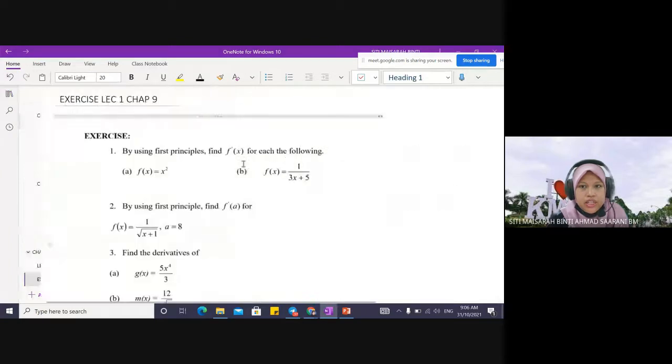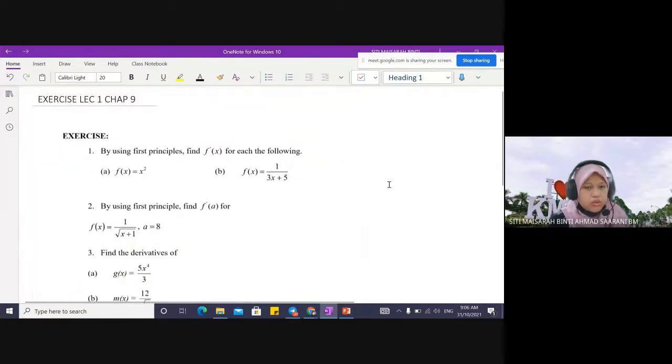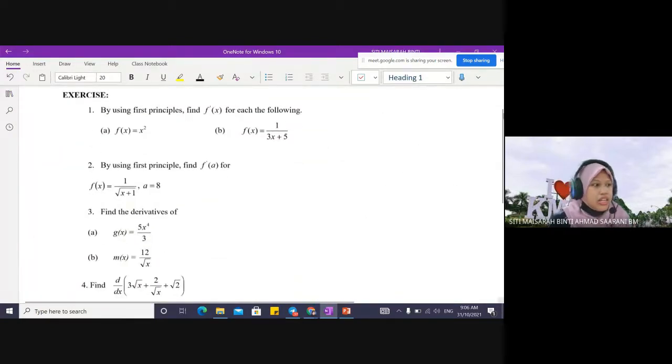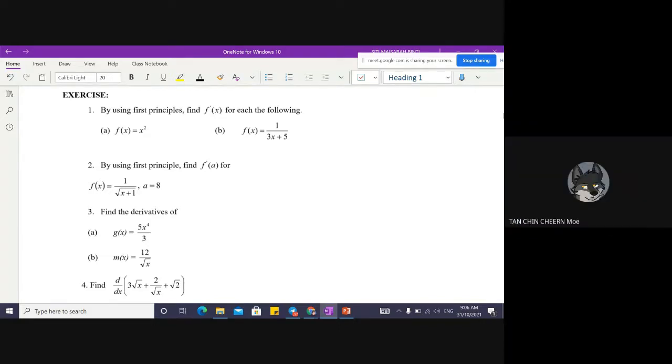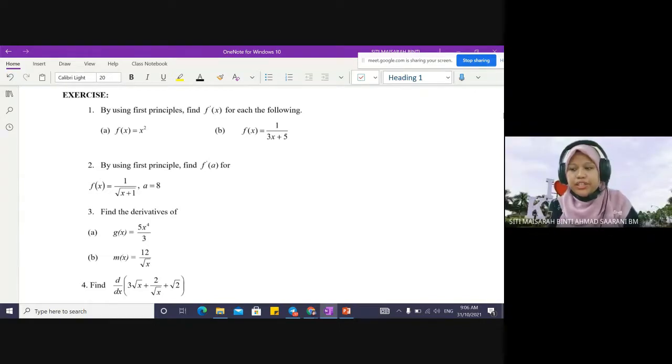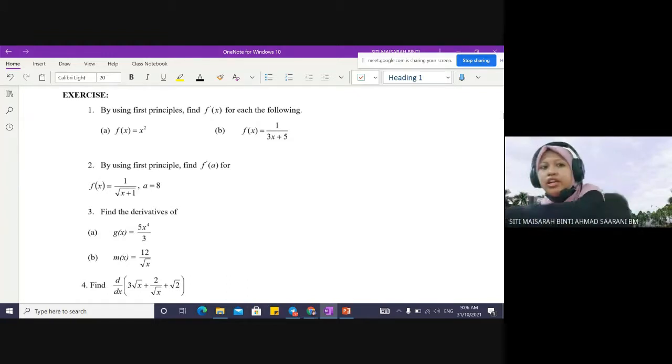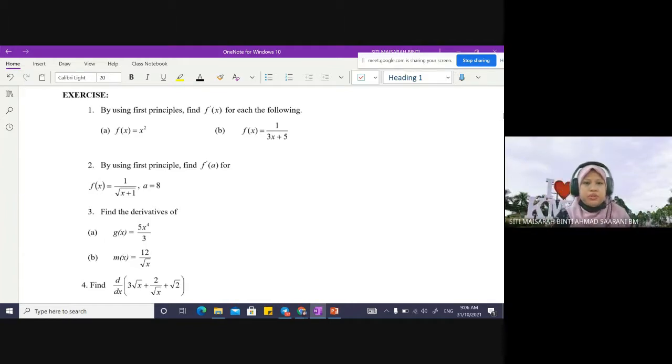Okay. Dan kita tengok exercise yang kat bawah tu. Nampak tak exercise kat bawah tu? Nampak. Okay. Boleh cuba buat ni? Boleh dah. Okay. Yang pertama, apa yang dia nak? By using first principle, find f prime x for each of the following fx equals to x square.